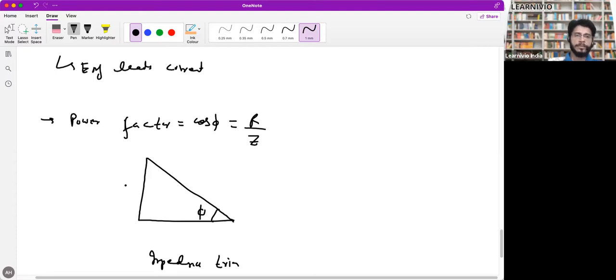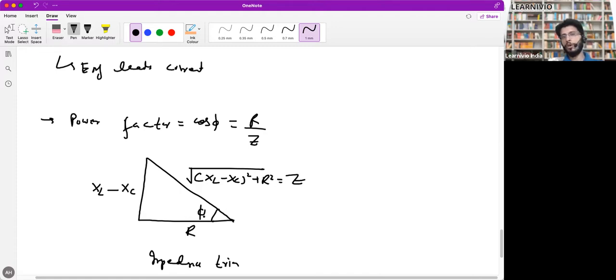We take this as XL minus XC. We call this as R. And the hypotenuse, if I apply Pythagoras theorem, will be the square root of (XL minus XC) square plus R square, and this is impedance. So if I calculate cos phi from this triangle, cos phi is based upon the hypotenuse. That's why I'm writing cos phi is R by Z.